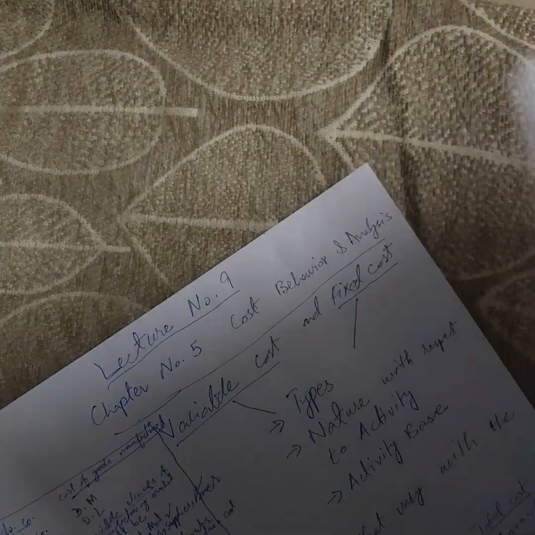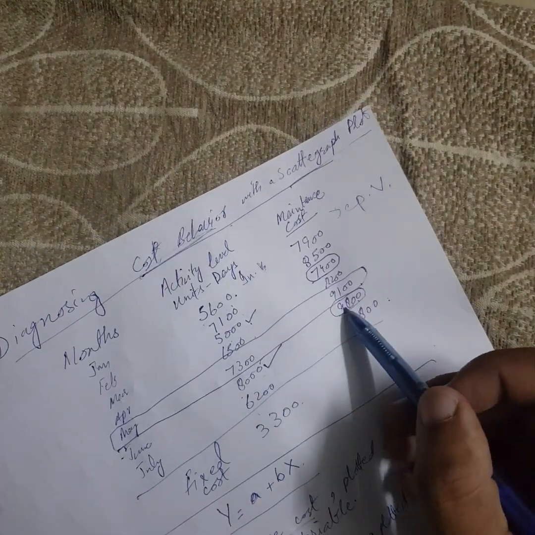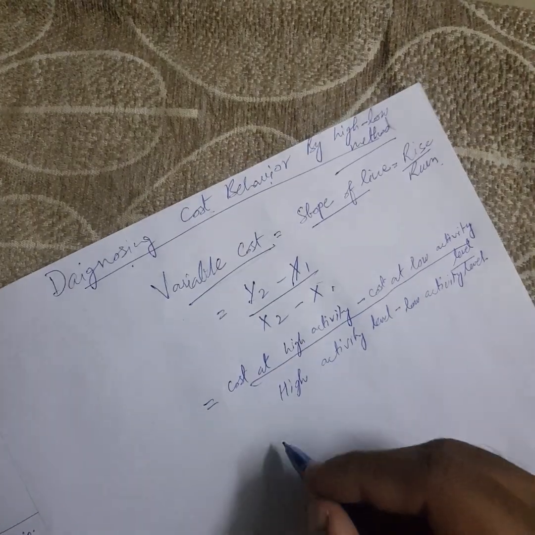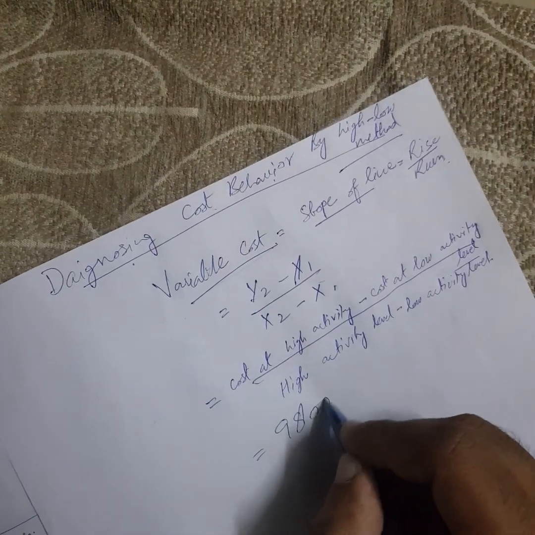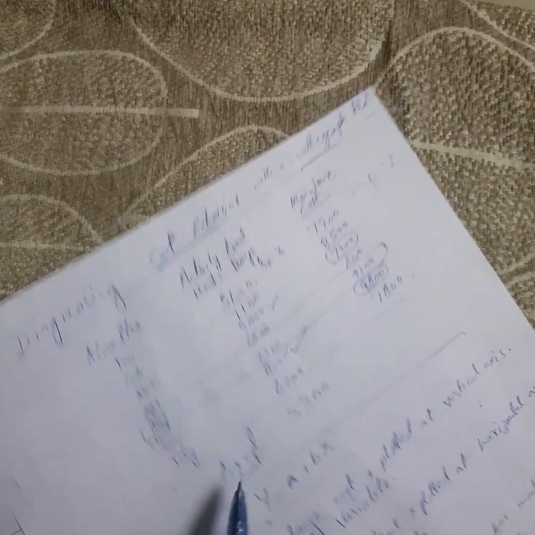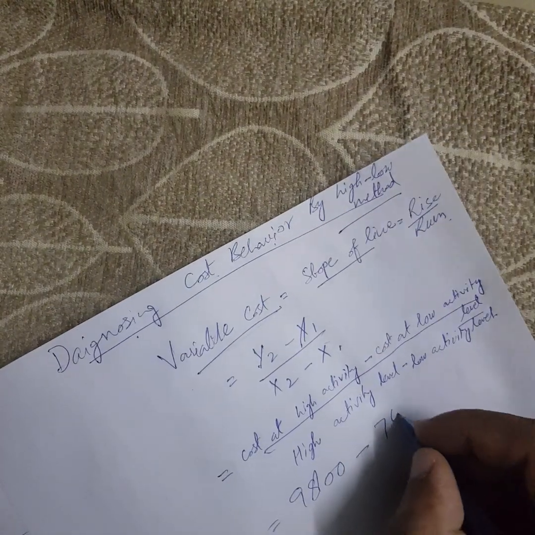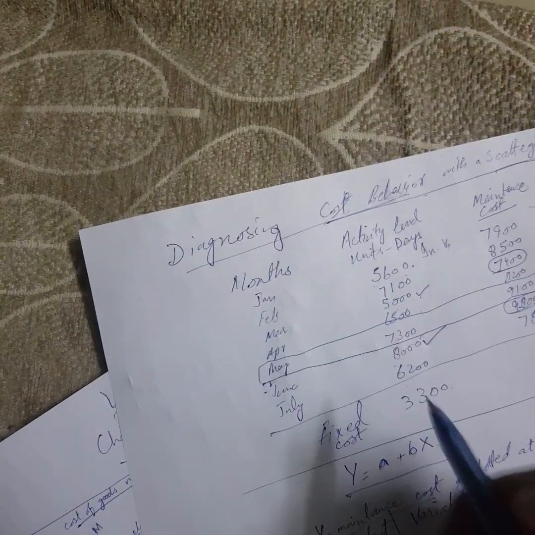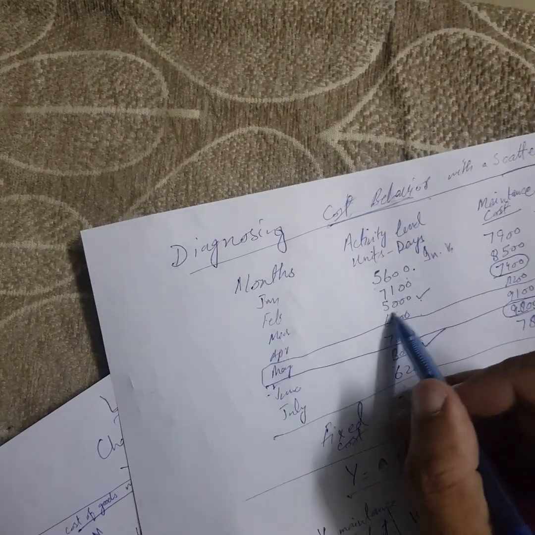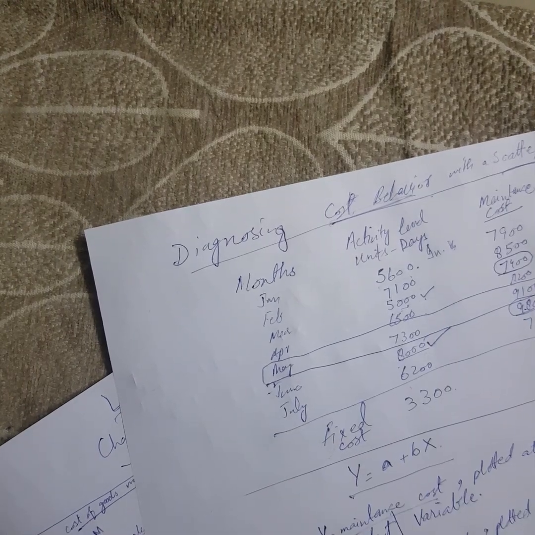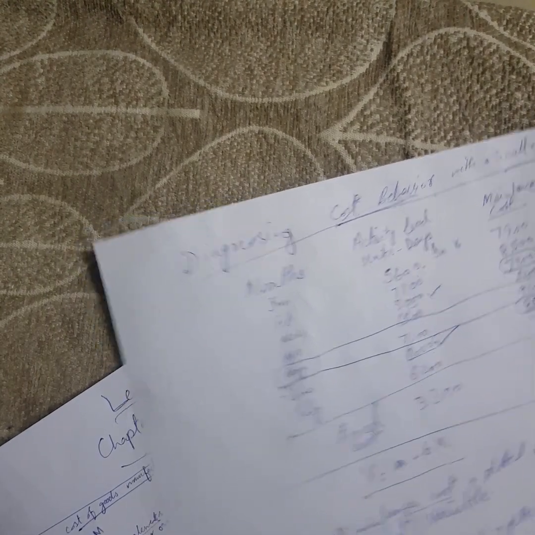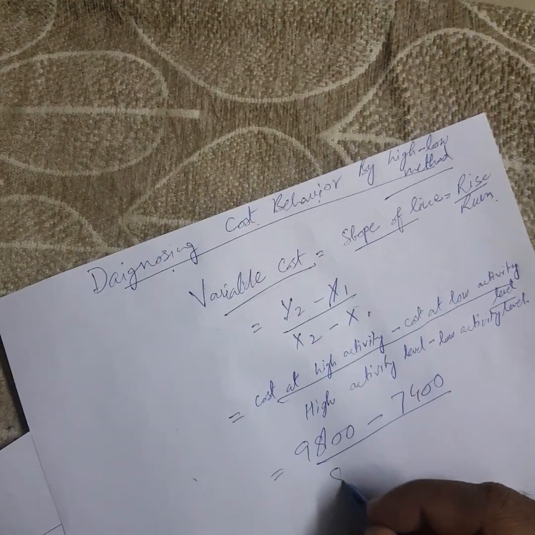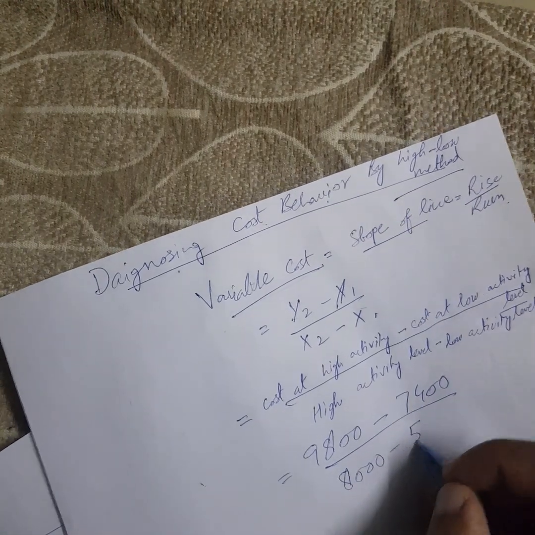Cost at high activity level was 9800, cost at low activity level was 7400, high activity level is 8000, and low activity level is 5000. 8000 minus 5000.